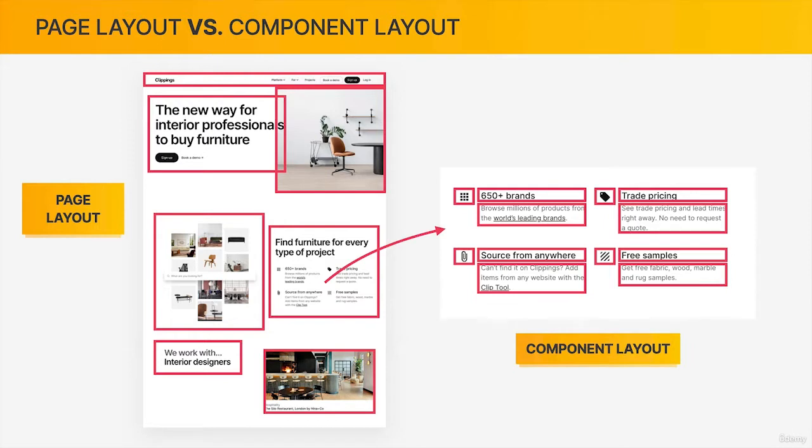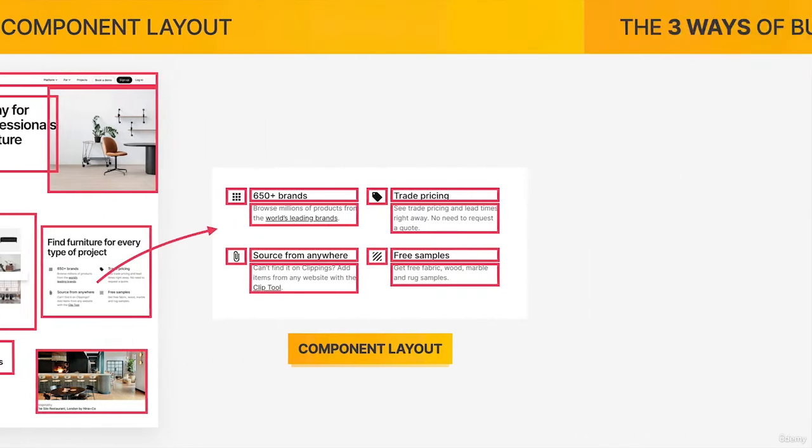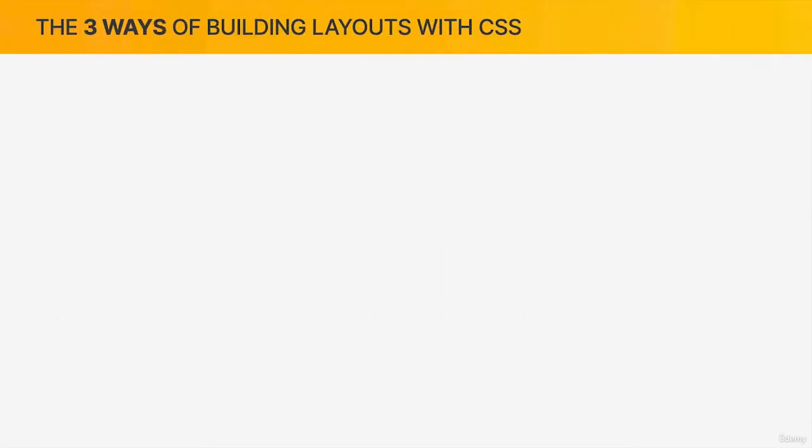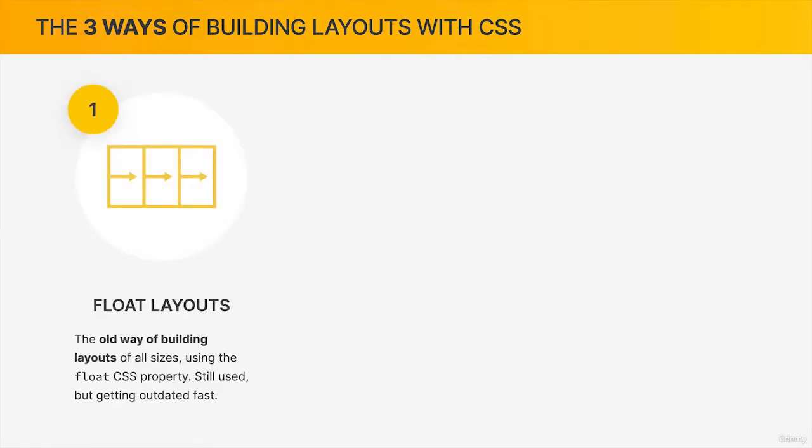Okay, so now that we know what layouts are and what type of layouts we can build, let's see how we can actually build them with CSS. The first technique of building layouts in CSS is using float layouts, which is basically the old way of building layouts using the float CSS property.